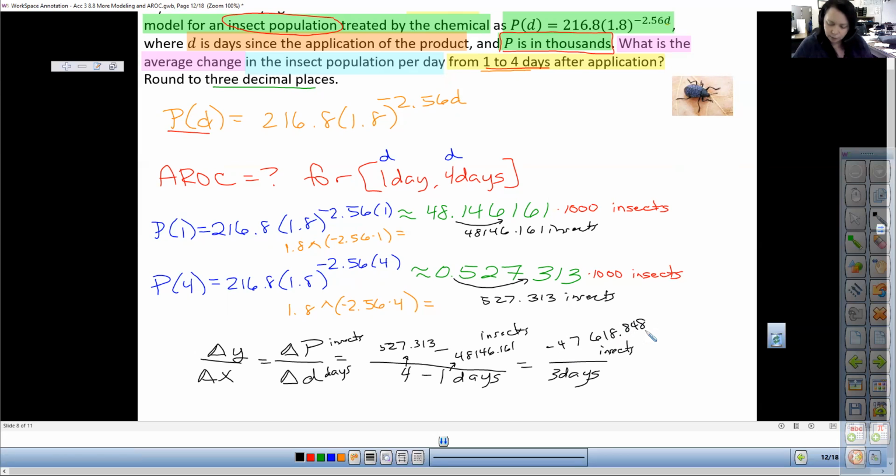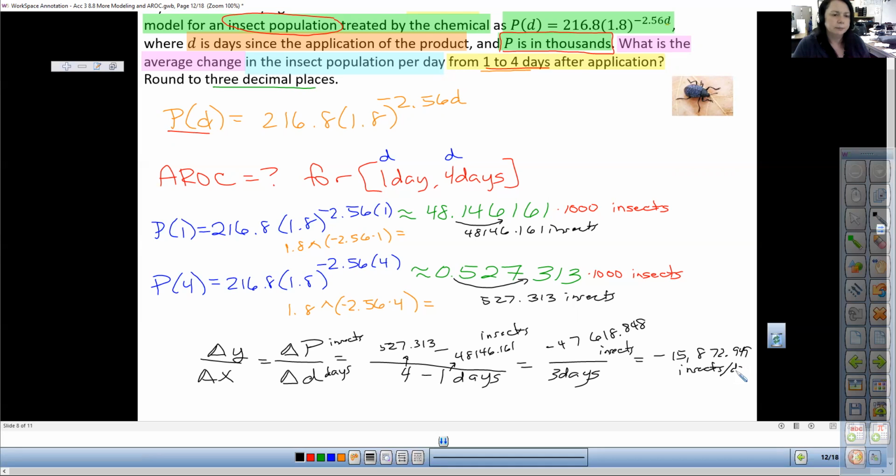Now dividing that by 3, I'm going to now get negative 15,872.949. And my units are now insects per day.